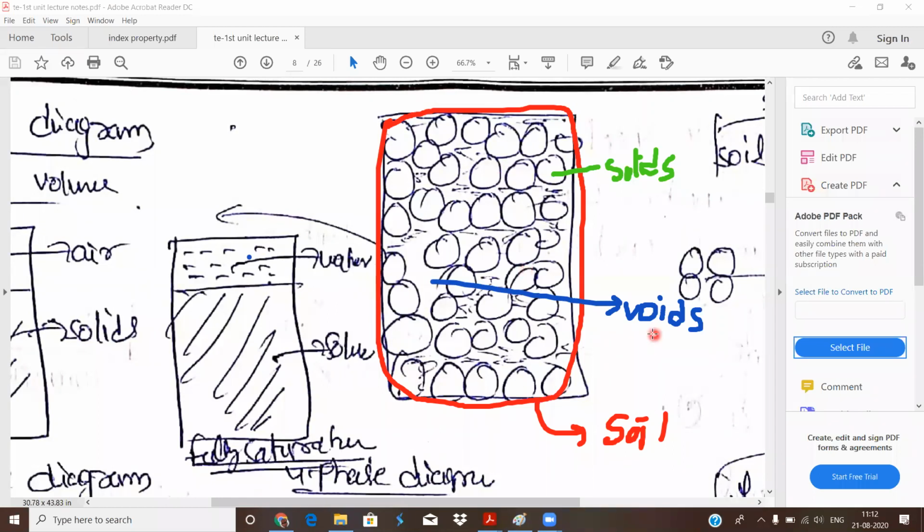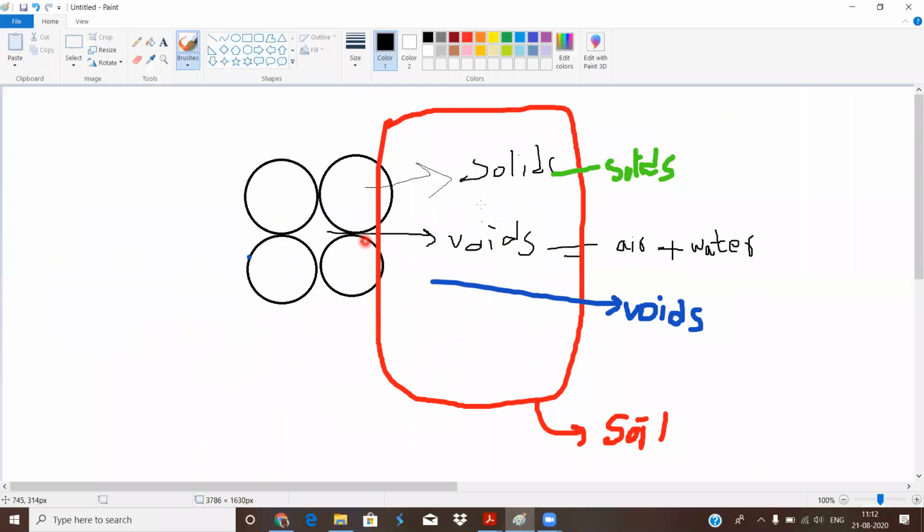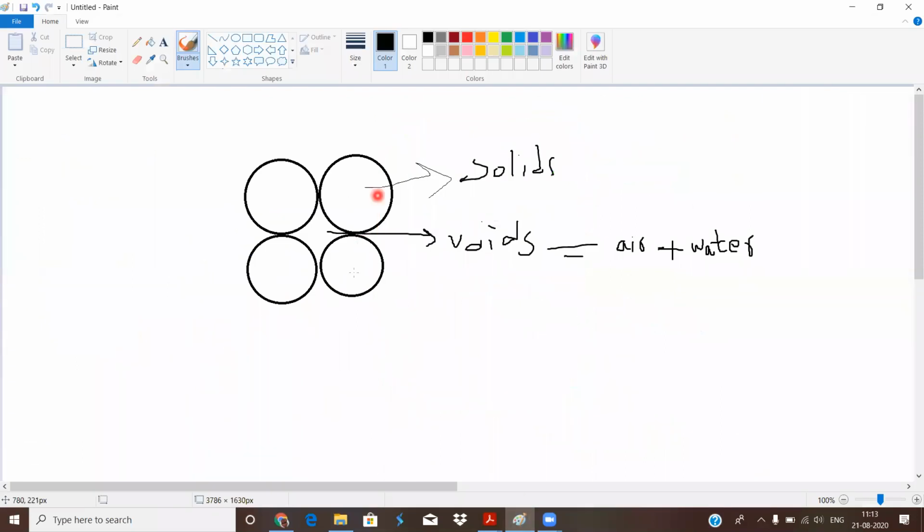These voids may contain air or water. So these are solid particles, and in between the solid particles there is a gap, which is known as voids.